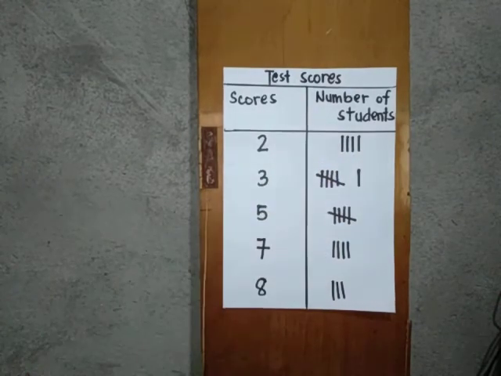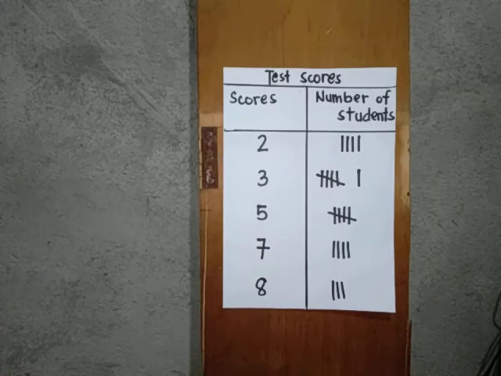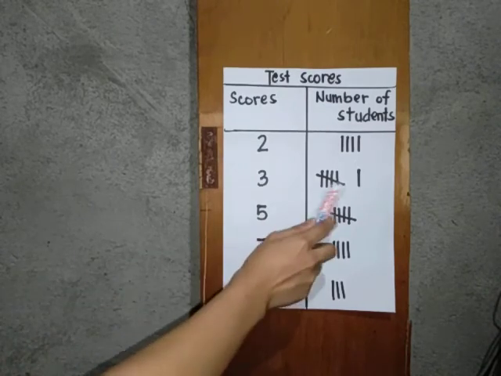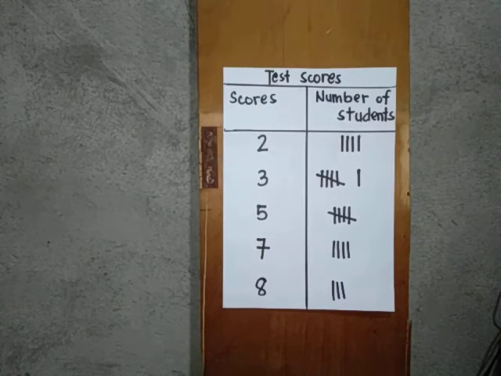So there are 4 students who got 2 as their test score. We can also find out the most common score in the class. The most common score in the class is 3 because it has the highest number of students who got that score. It has 1, 2, 3, 4, 5, 6 compared to other scores.